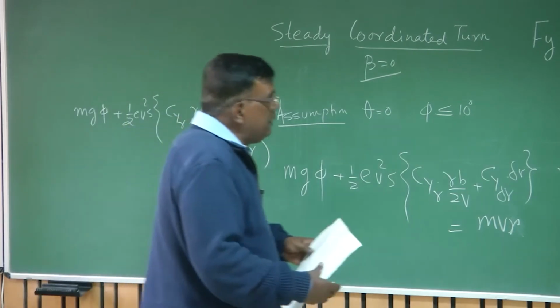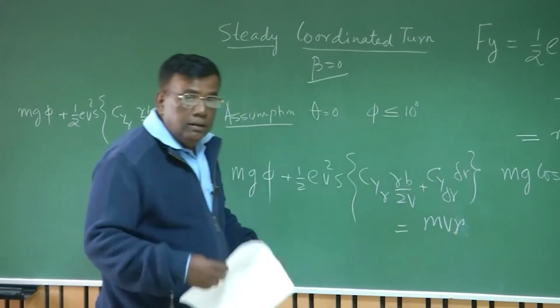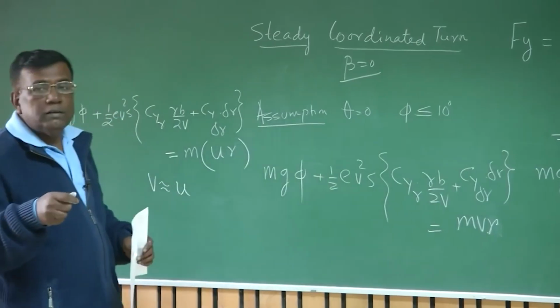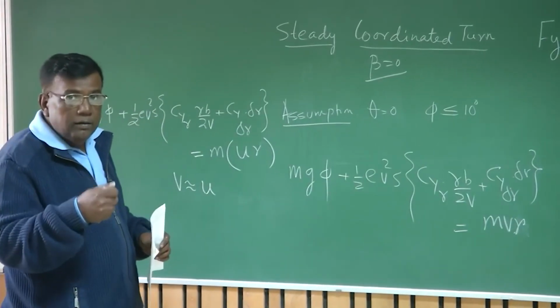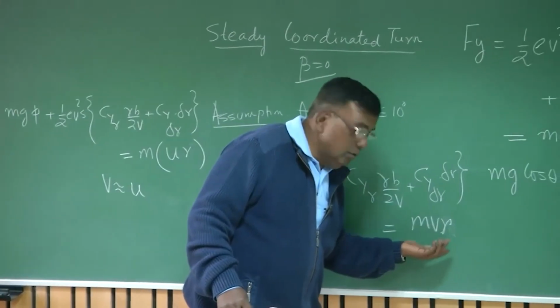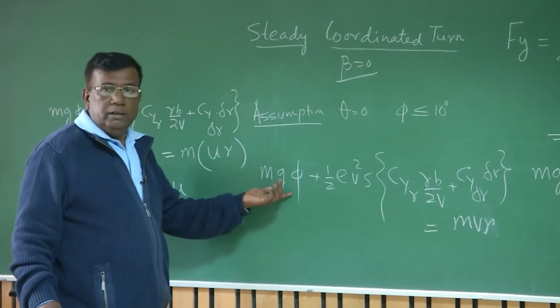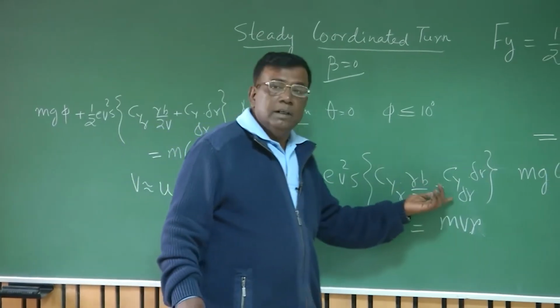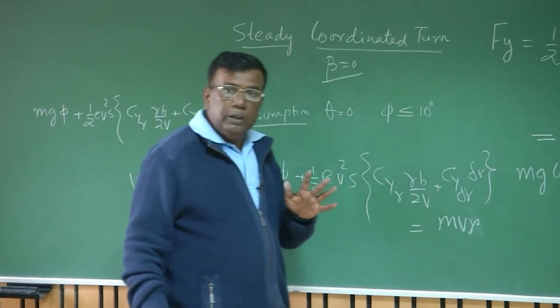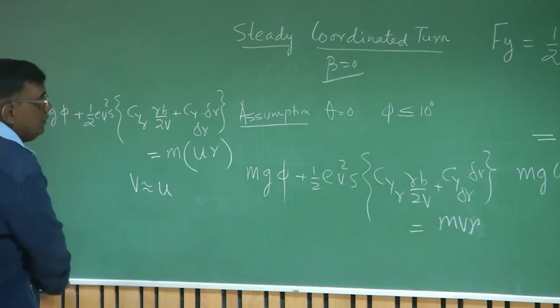So that is the effect m v r, which is the centripetal acceleration. Who is causing it? For a stone I am rotating with a string, the tension in the string causes that. So somebody must be causing this acceleration. Who is causing it? Primarily mg phi, a component of the weight, and the aerodynamic force. This physics is clear, right? So now we will do a further little approximation.